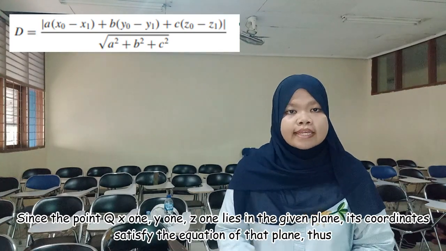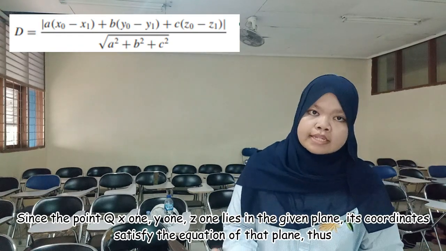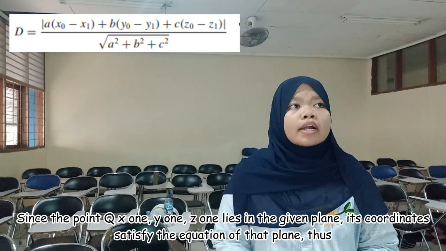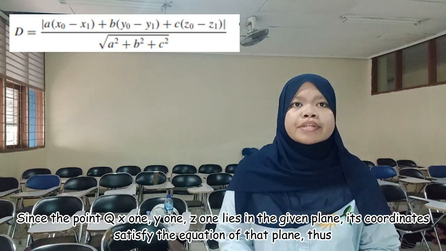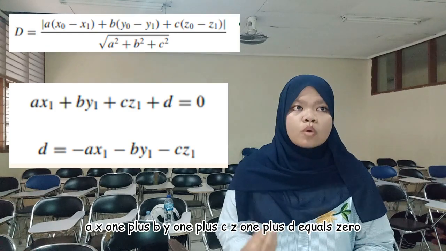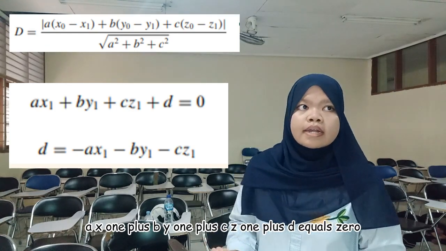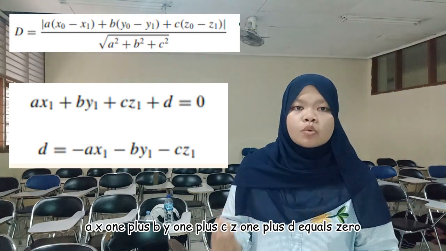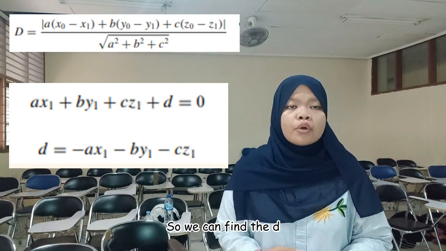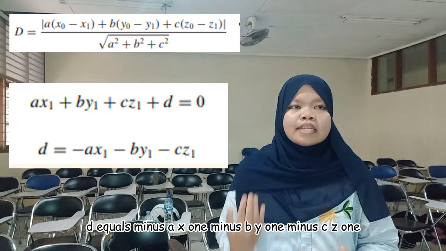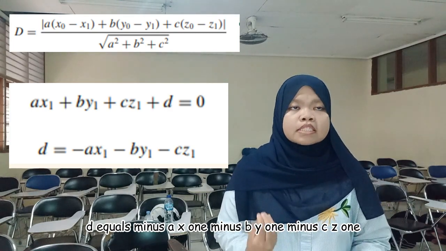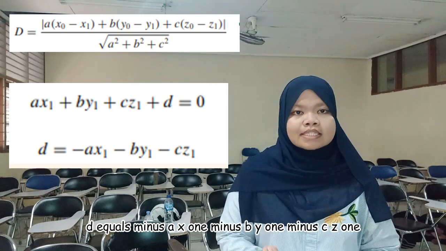Since the point P(x1, y1, z1) lies in the given plane, its coordinates satisfy the equation of that plane, thus a x1 plus b y1 plus c z1 plus d equals 0. So we can find d equals minus a x1 minus b y1 minus c z1.